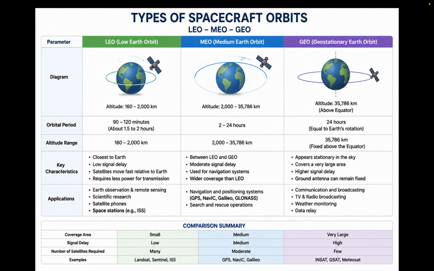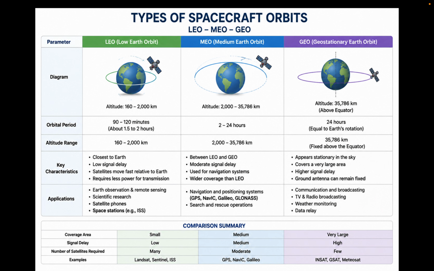A satellite will be geostationary when the distance of the satellite from the surface of the Earth is about 35,786 kilometers. And the duration of the satellite's revolution is exactly equal to the duration of Earth's one rotation, that is, one sidereal day, 23 hours 56 minutes 4 seconds.